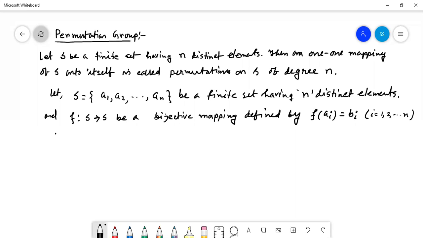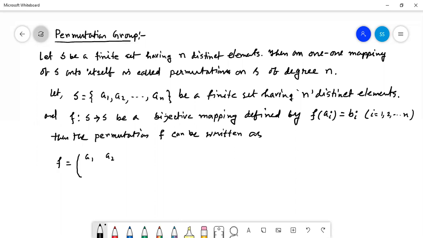Then the permutation f can be written as f equal to, within first bracket, a1 a2 dot dot dot an, and corresponding here f of a1, f of a2, dot dot dot f of an.